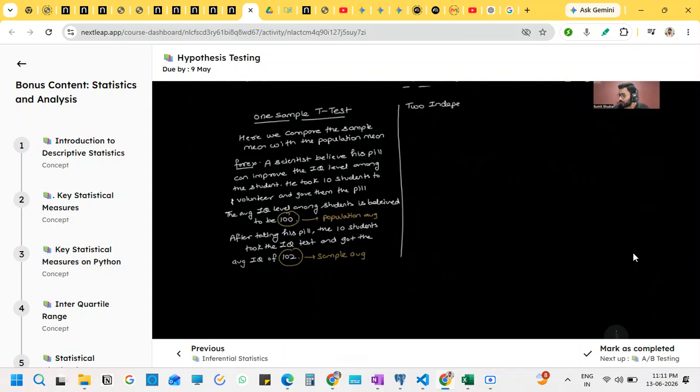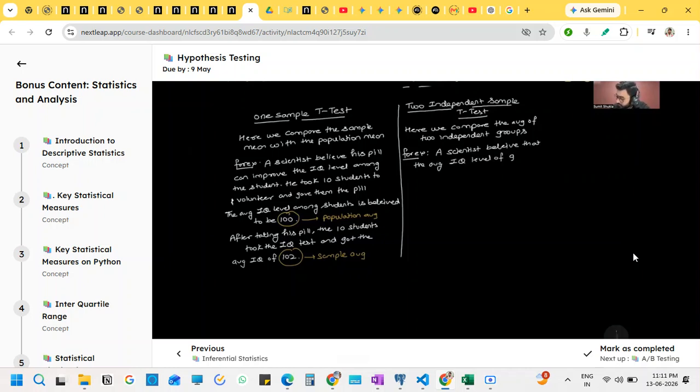Another kind of test we have is the two independent sample t-test. As the name suggests, there are two independent samples and we want to compare them. So here we compare the average of two independent groups. For example, let's say a scientist believes that the average IQ level of girls and boys in a school is different.